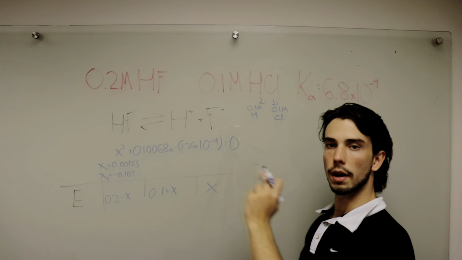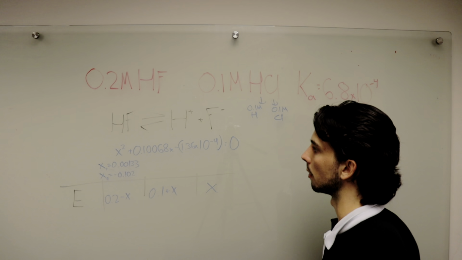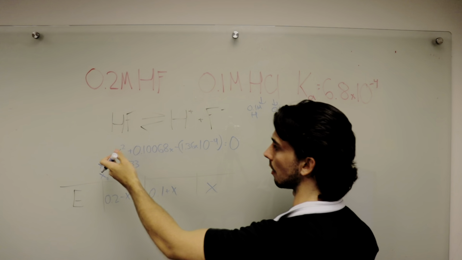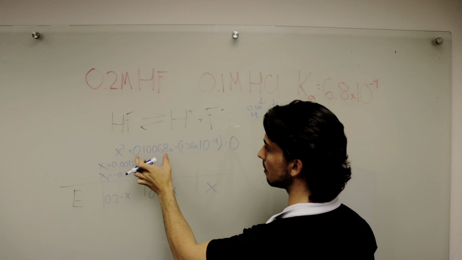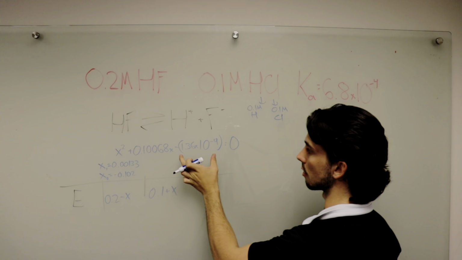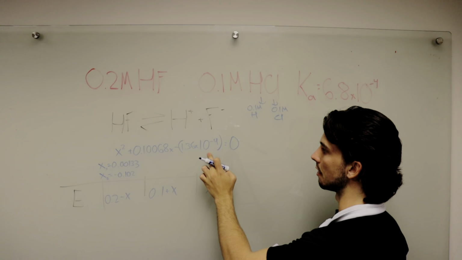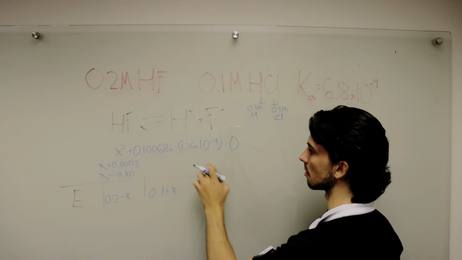When we plug this into the quadratic formula, a is just 1 because there's nothing in front of it. Our b is this value here, and our c is negative 1.36 times 10 to the negative fourth, since it's being subtracted.